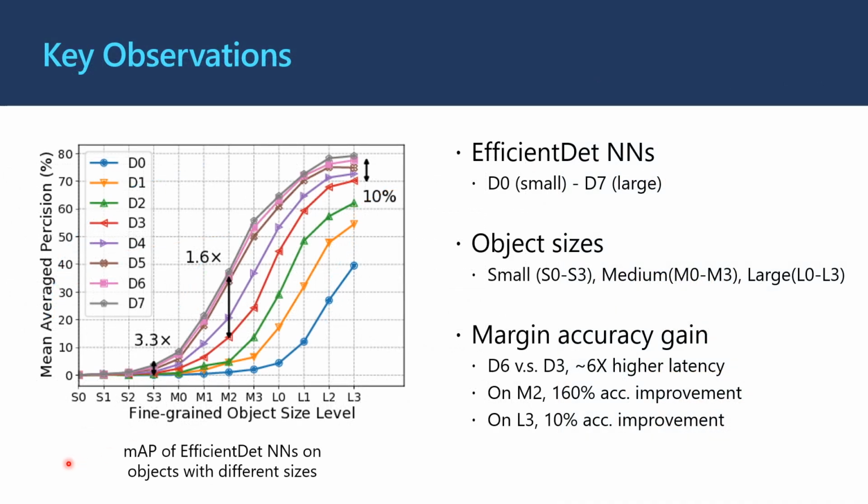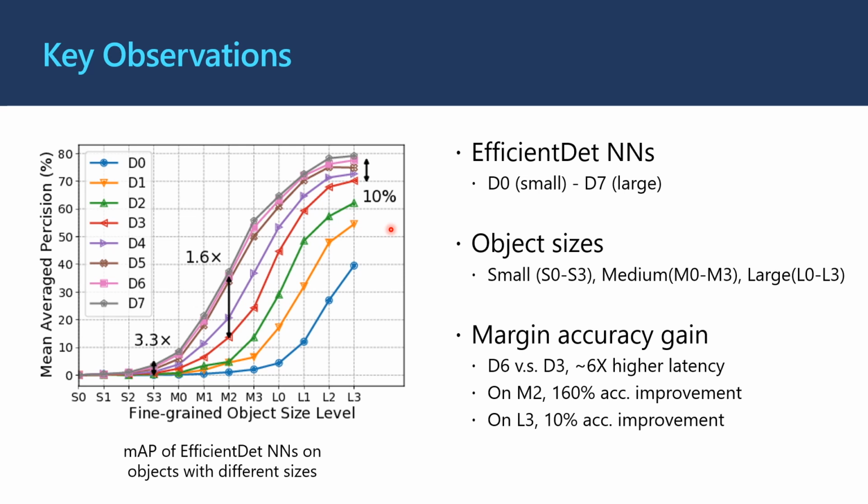In our measurements, we also measure the detection accuracy on different sizes of objects, like small, medium, and large. We have 2 observations. First, tiny models also have good performance on large objects, shown here, even close to huge models. Secondly, and more importantly, the marginal accuracy gain from different models varies across object sizes.